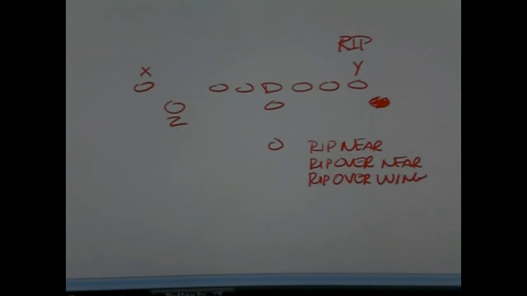Okay? So we're always going to call the receivers first. Then we're going to go and we're going to call that H-back fullback guy. Now let's look at this. Here we've got rip over wing. All right, let's make him an H-back. But let's say that we wanted to do something. We wanted to get a quicker receiver here.